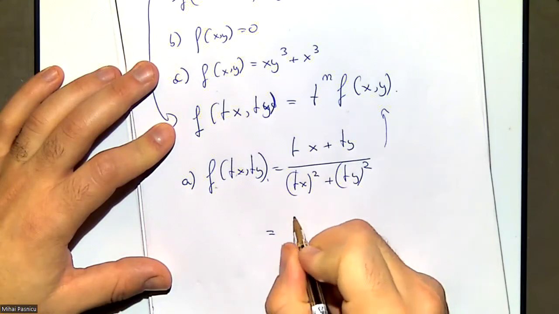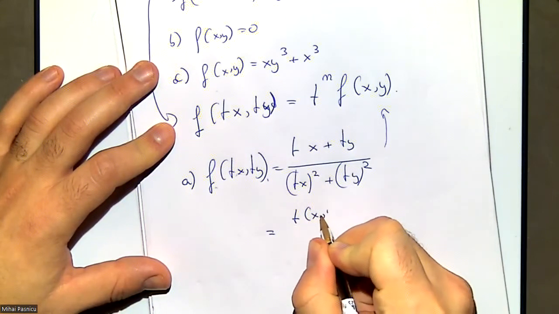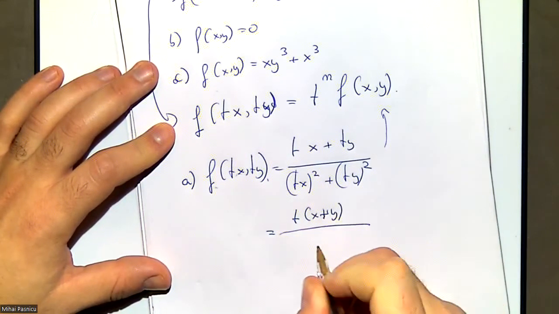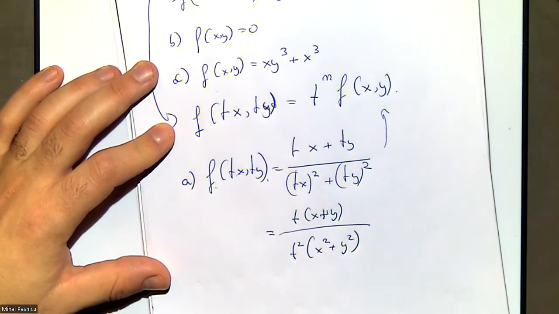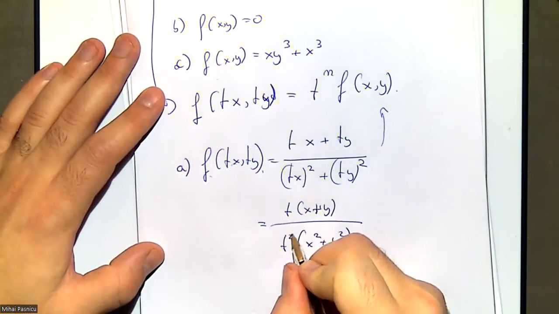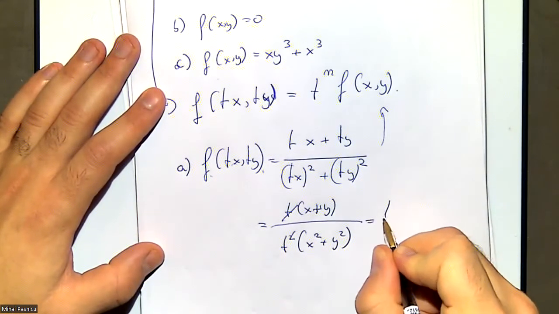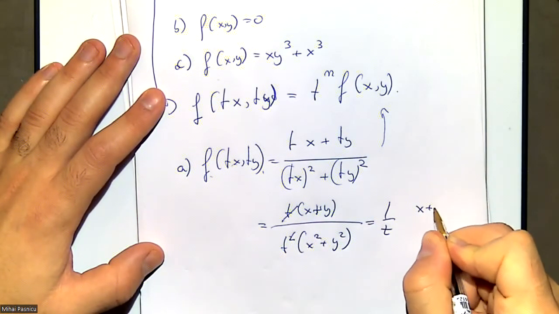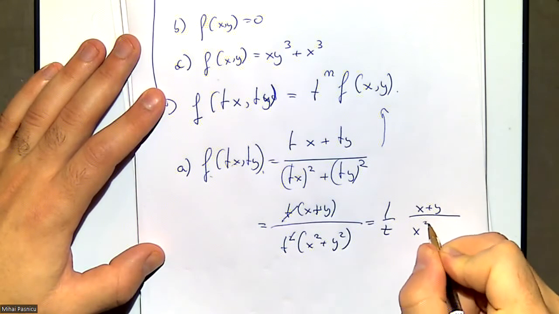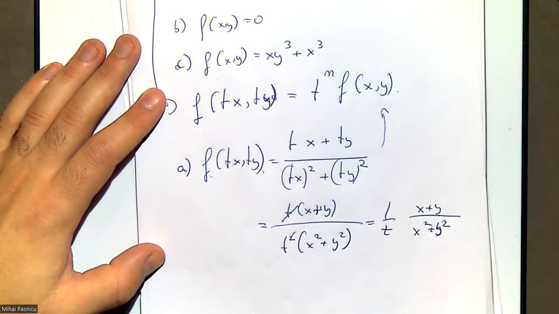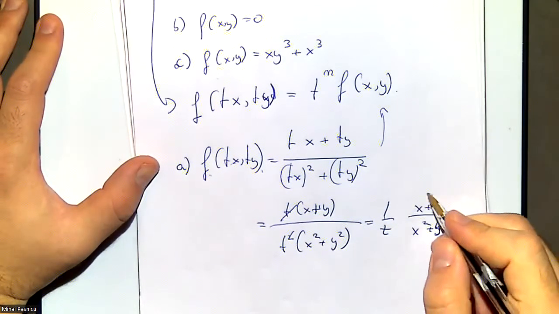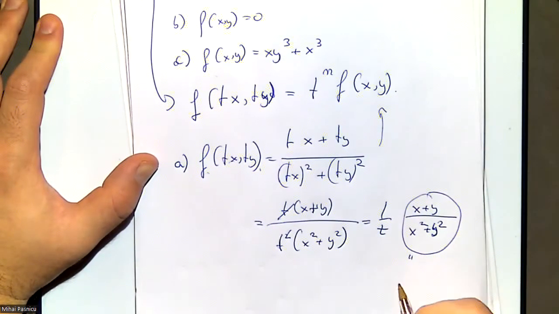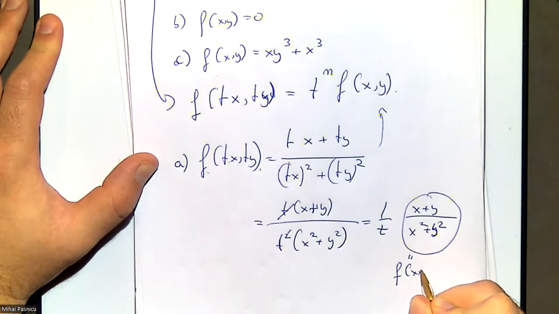We get a t up, x plus y, we get a t squared below, x squared plus y squared. This simplifies and I get 1/t times x plus y over x squared plus y squared. And now you need to observe that this, x plus y over x squared plus y squared, is just f of x, y.